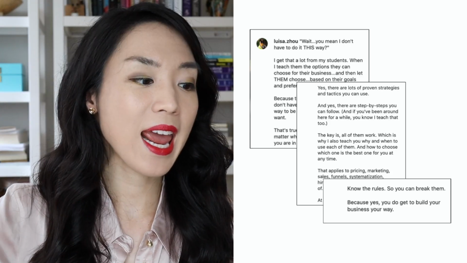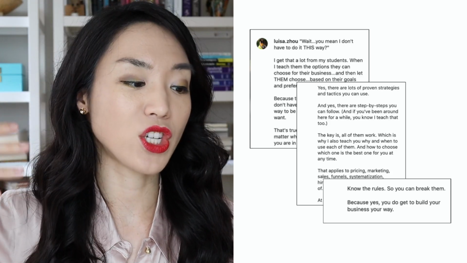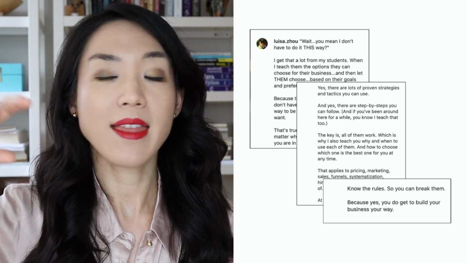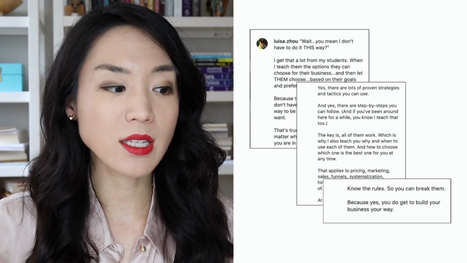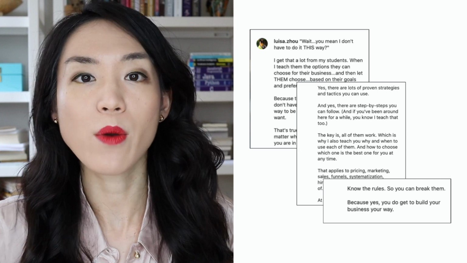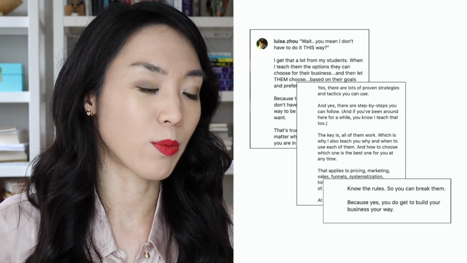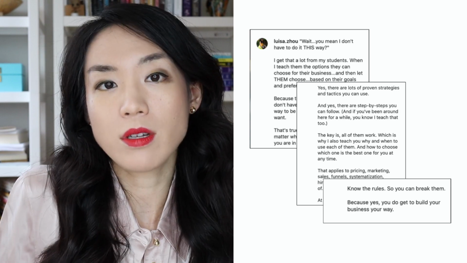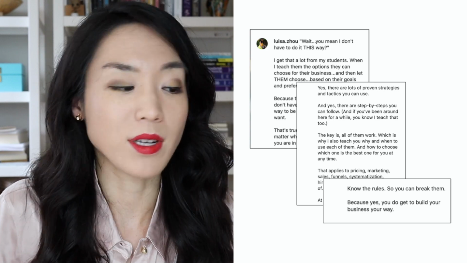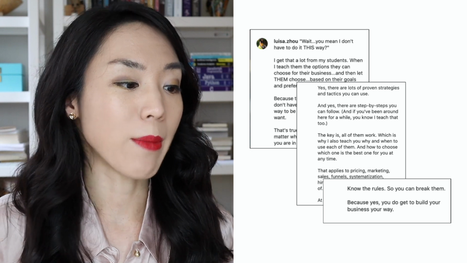And then the third post that I have here, I share the question, hey, wait, I don't have to do it this way. I get that a lot from my students. And then I say, hey, yes, there are strategies, but there's no one right way to do anything. Understand the principles and then know how to break them, the saying, know the rules so you know when to break them. And that's actually my call to action.